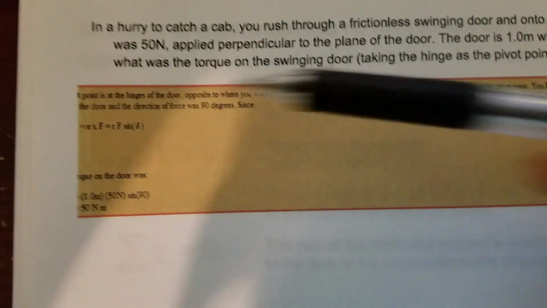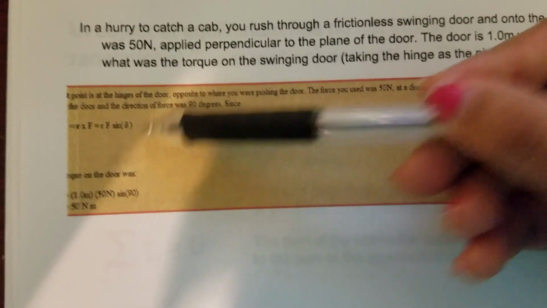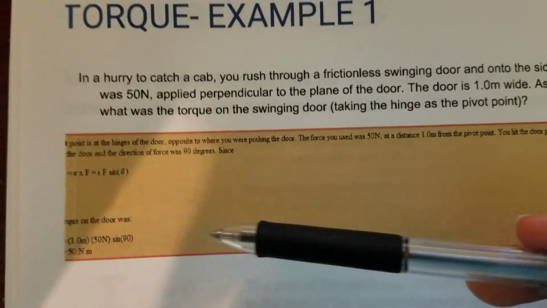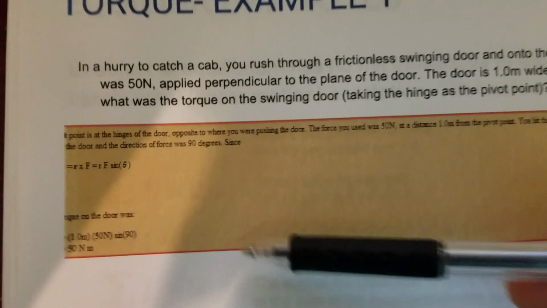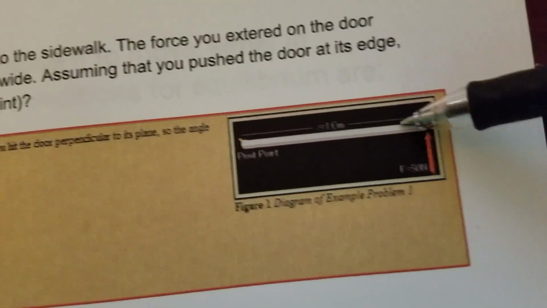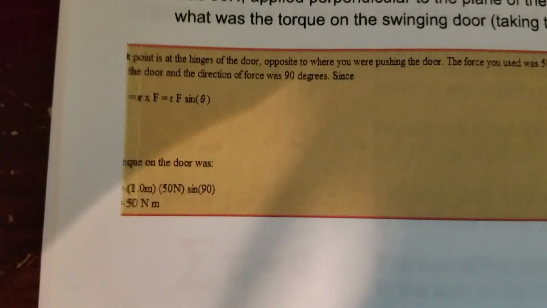So you do the formula, obviously, and then you could find the radius, the force, and then the angle is right here. The angle is obviously 90 degrees. Since you know your angle, you know everything about the formula.